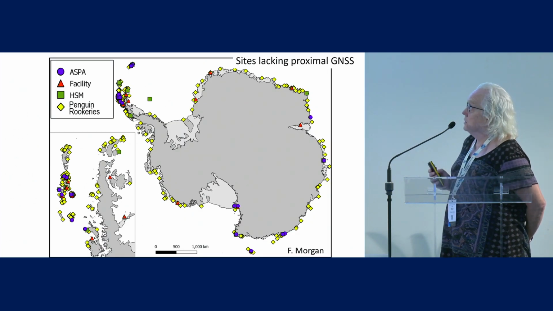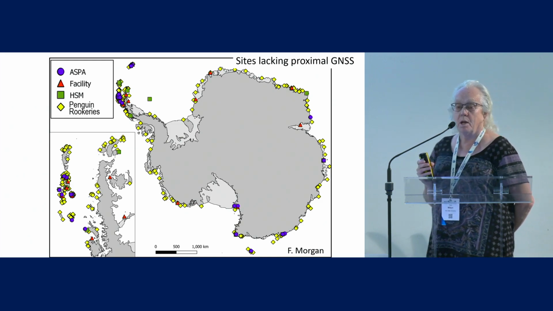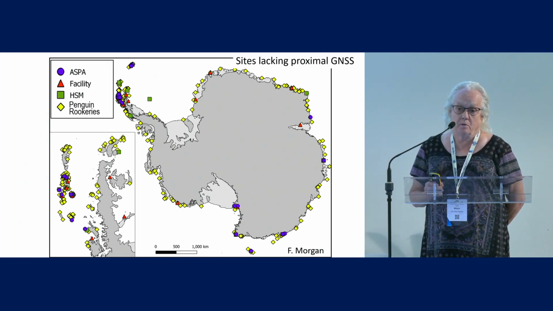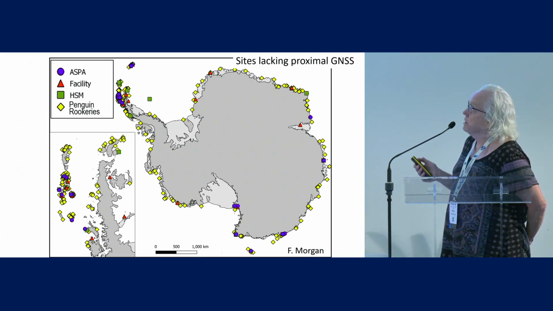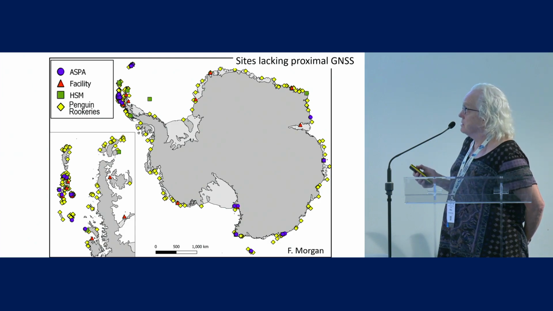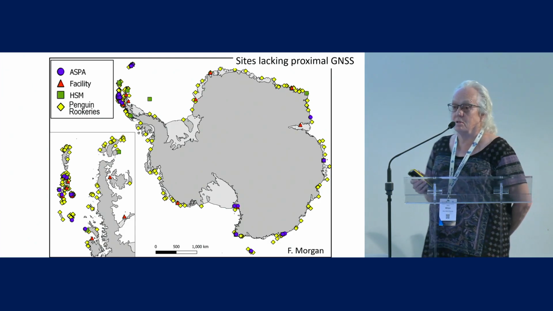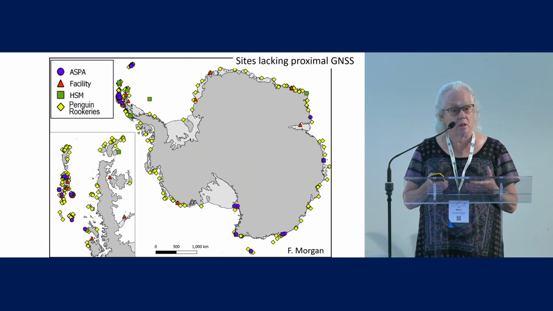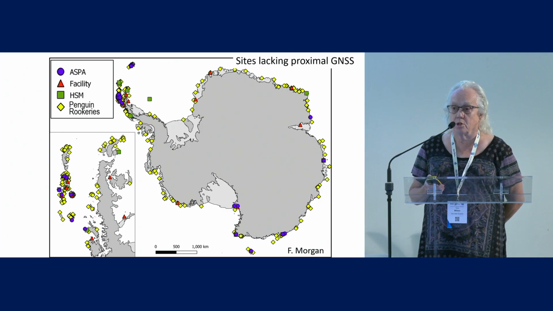Importantly, one part of this analysis is to identify critical locations that do not have robust vertical land motion data. These symbols are specially protected areas, facilities, historical sites, and penguin rookeries. You can see there's a large area that has no information of the type that we need to improve our projections.